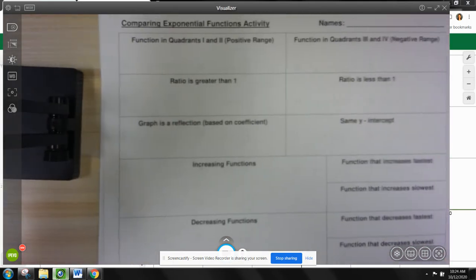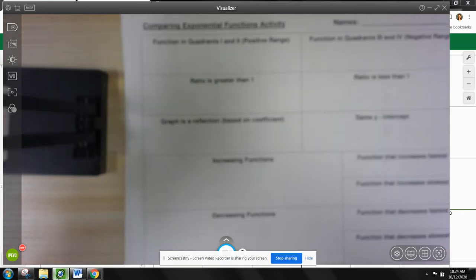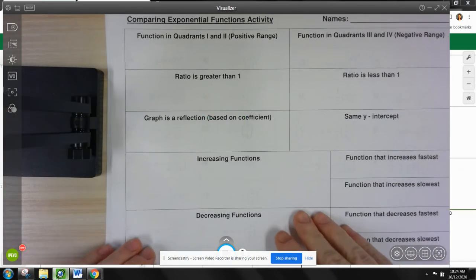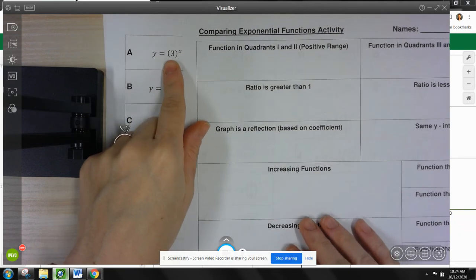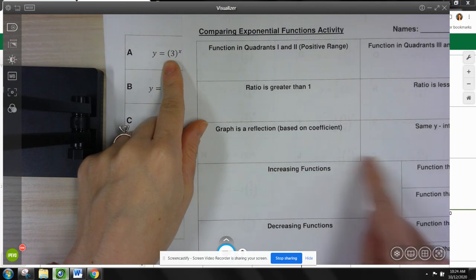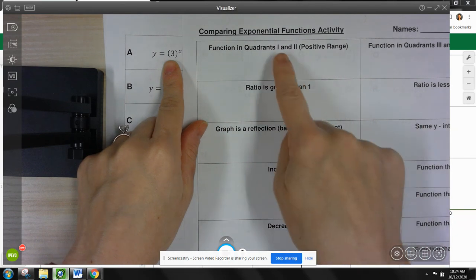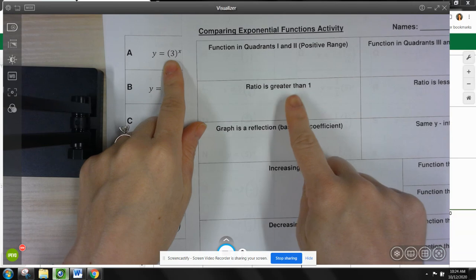I'm going to zoom out just a little bit more. So, for example, if I took the first one, a, 3 to the power of x, I would go through here and I would figure out if a fell in quadrant 1 and 2 or if it fell in quadrant 3 and 4. Is the ratio greater than 1?